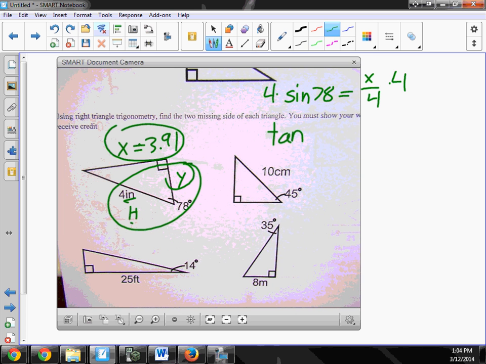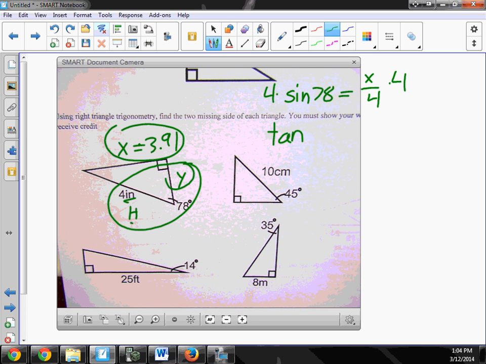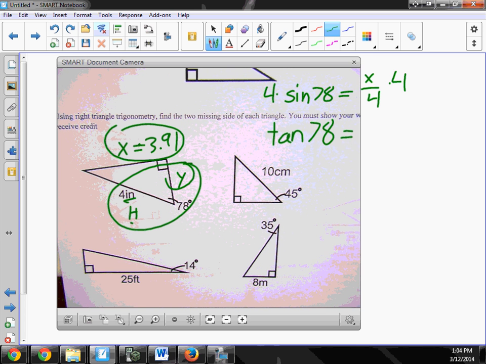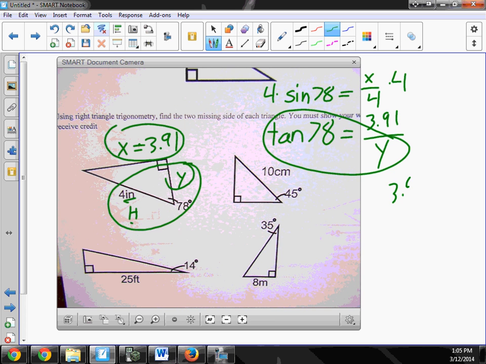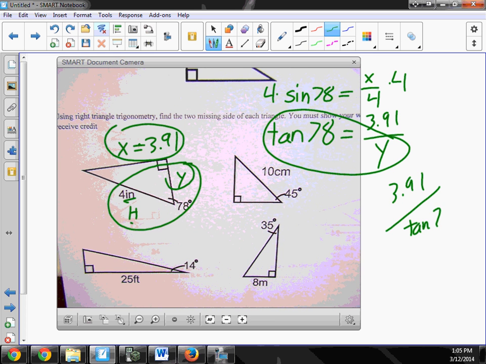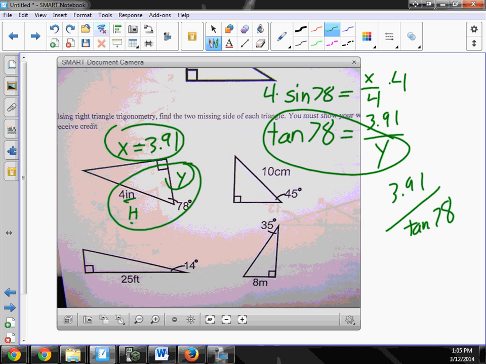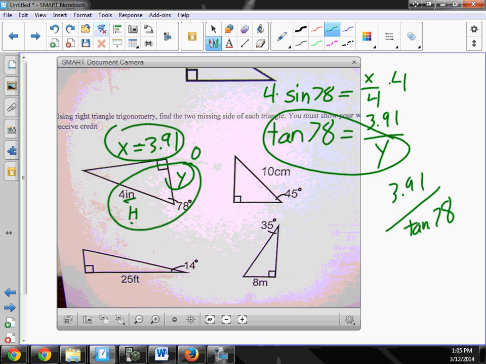The tangent of 78 is equal to O over A. So 3.91 divided by the adjacent side. You could use the Pythagorean theorem. We're just practicing trig again. So in this case, how do I solve it? Switch. So 3.91 over the tangent of 78. And the answer is 0.83. Right? I'm smart.